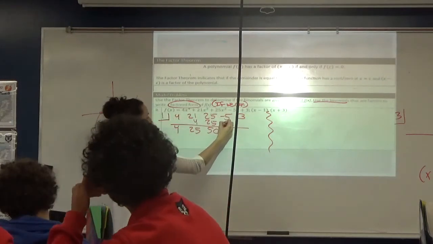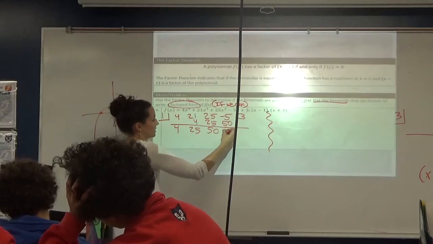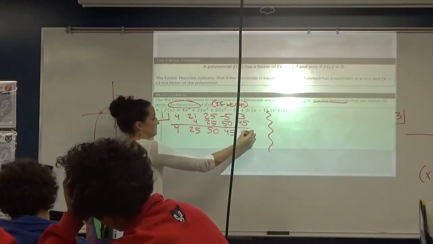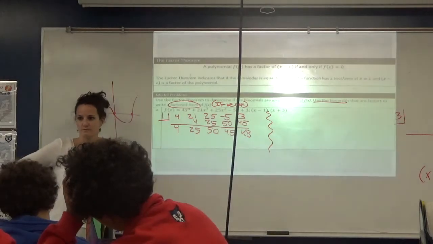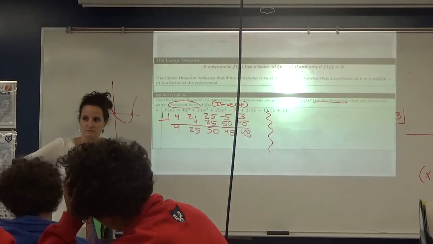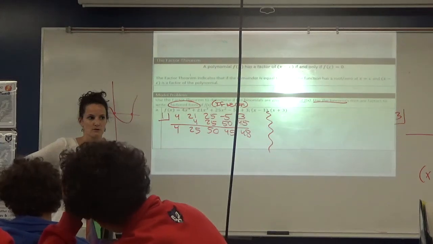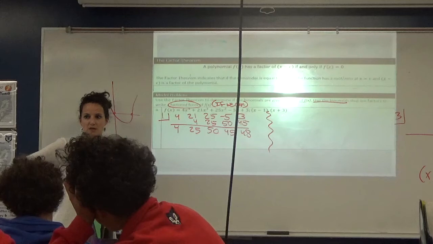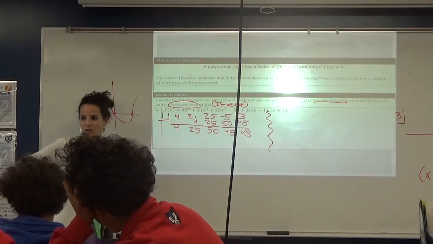Do it on your own, but see if you get the same thing as me when you're done. Okay, as you finish, check your numbers, see if you got the same thing with the key up here.